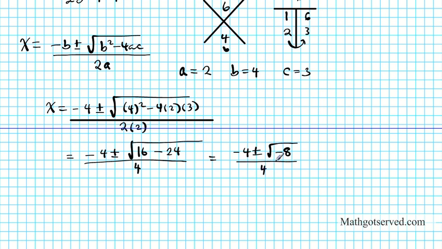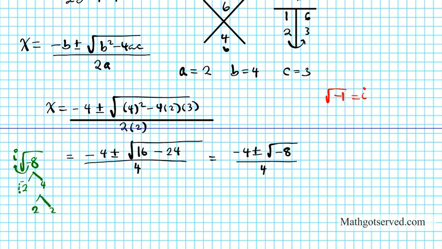Now remember, anytime you take the square root of a negative number, it becomes i, because the square root of negative 1 is i, right? So this minus is going to come out of the radical as an i, but we also have to reduce root 8. What's the square root of 8? We know the minus comes out as an i. How about the 8? Let's break it down: 2 times 4, and then 2 times 2.